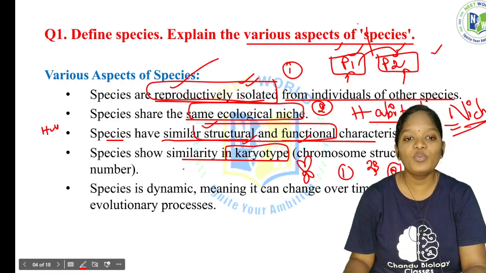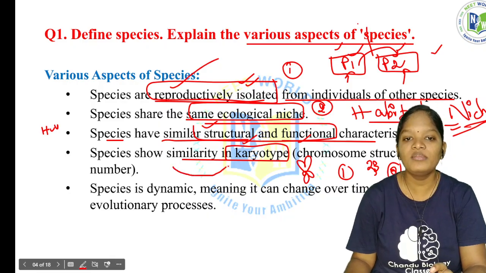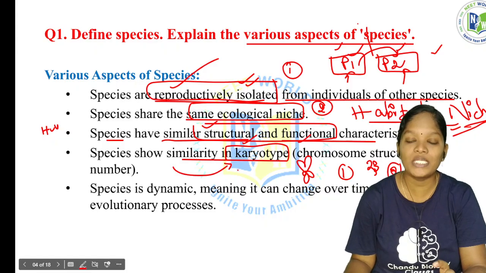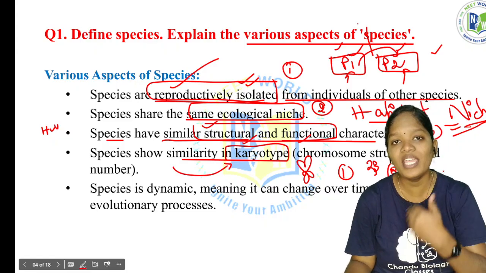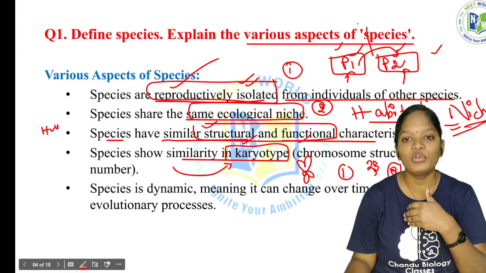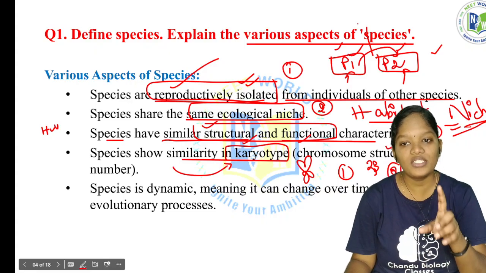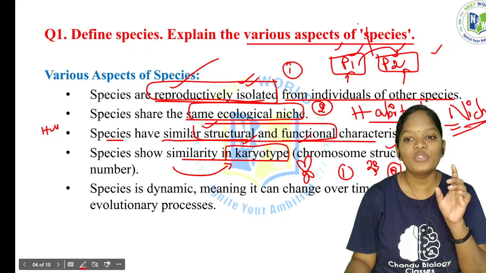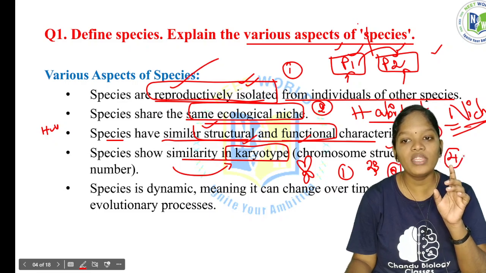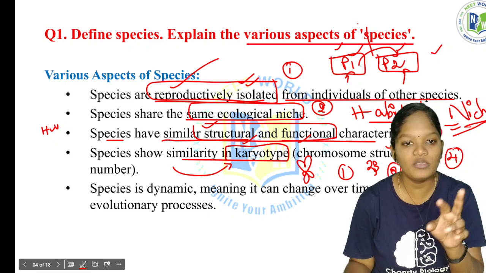So each species has similarity in the karyotype as well as in number. If I have 23 pairs of chromosomes, you also have 23 pairs of chromosomes, so similar in structure as well as in number. This is the important fourth keyword in the various aspects of the species.